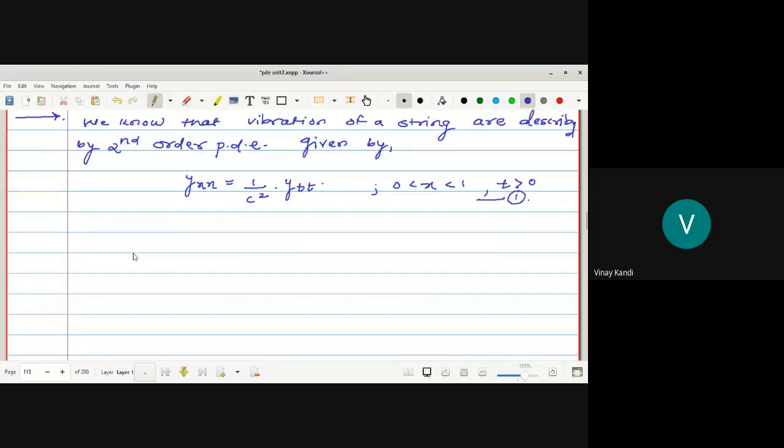Now subject to the initial conditions. What are the initial conditions? The given y(x, 0) equals x(1 minus x).